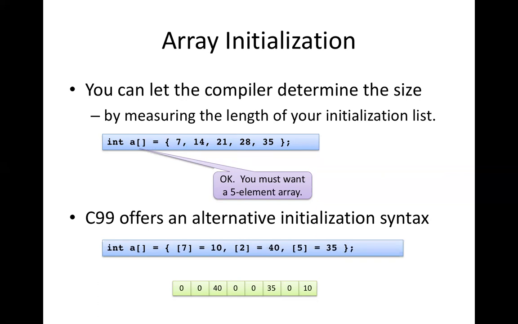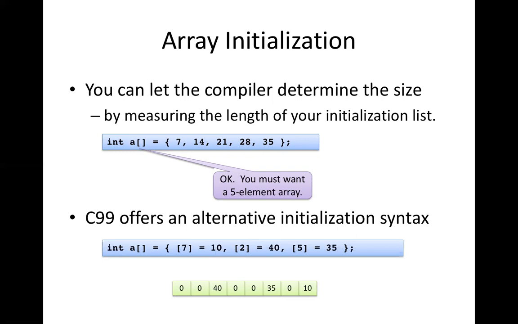In C99, they came up with an alternative initialization syntax that lets you just initialize some values rather than having to do them in order. And down here at the bottom, this is what it looks like. Inside the initialization expression, inside the curly brackets, you can specify the index inside square brackets, and then the value it gets after an equal sign.